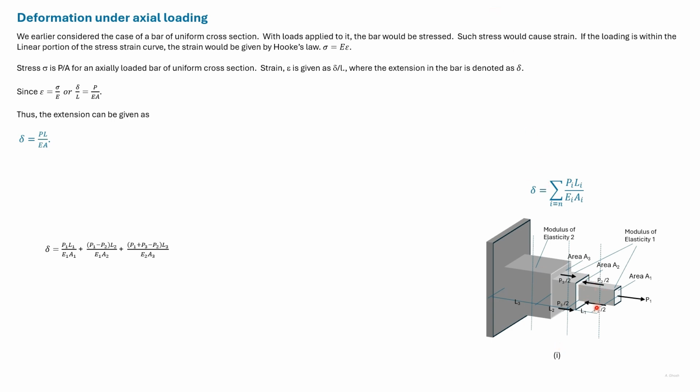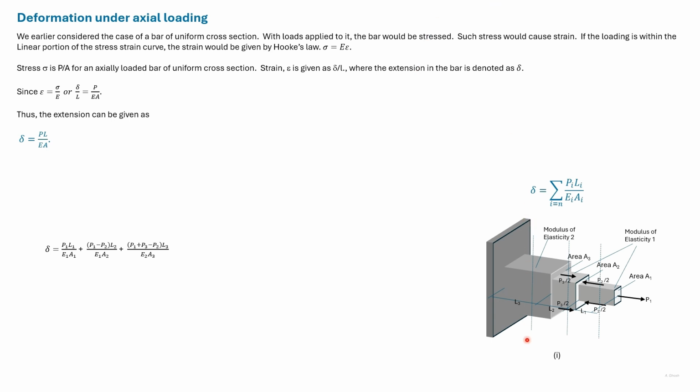These two forces act in such a way so that the resultant P2 acts through the centroid. Then if we take a section here, then considering from the right, the force acting will be P1 minus P2. The area is A2 and the modulus of elasticity is still E1, which is represented here.